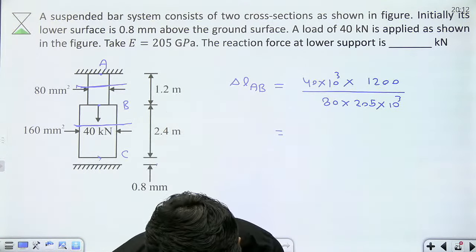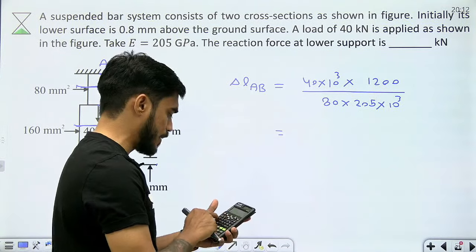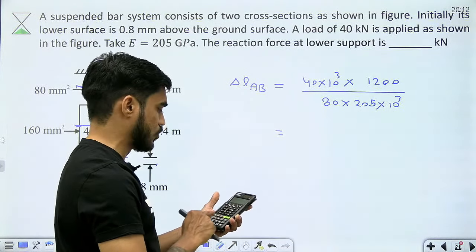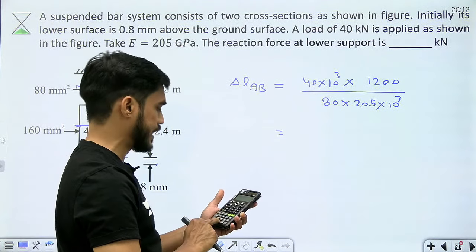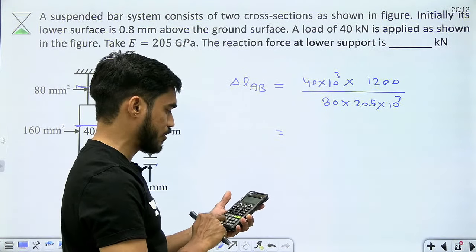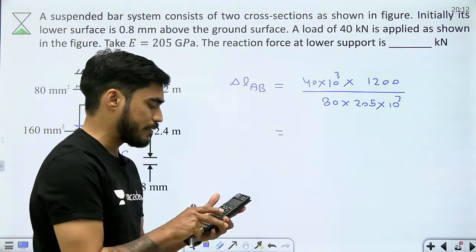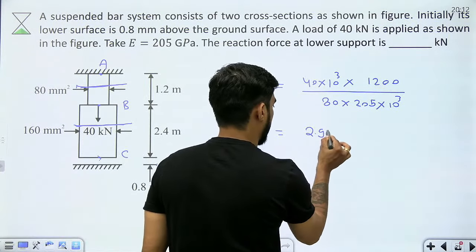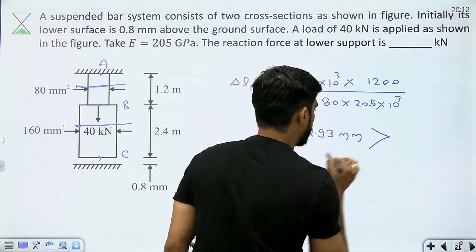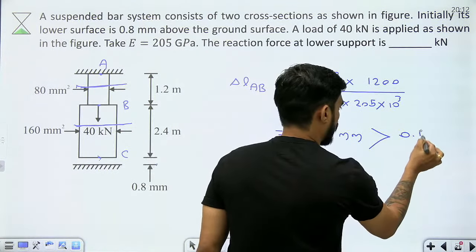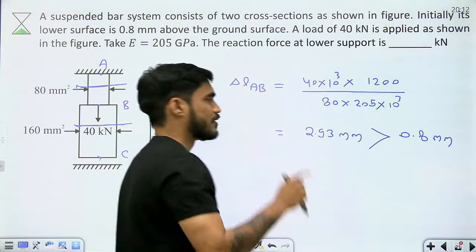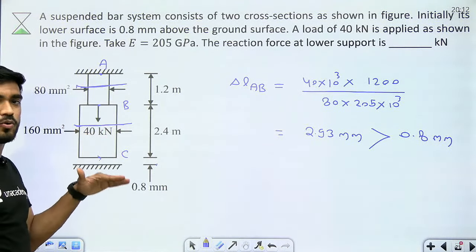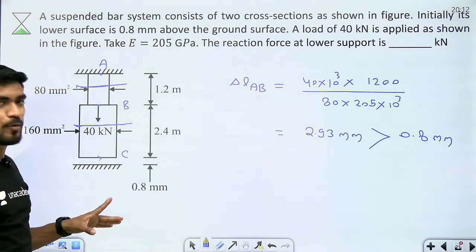So 40 into 10 to the power 3 into 1200 divided by 80 into 205 into 10 to the power 3. I am getting 2.93 mm, which is greater than 0.8 mm. So that means this will try to move past 0.8.